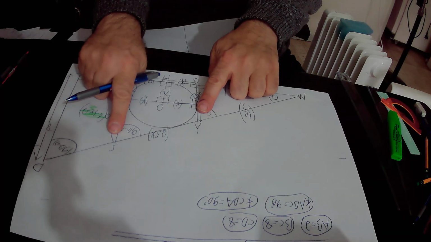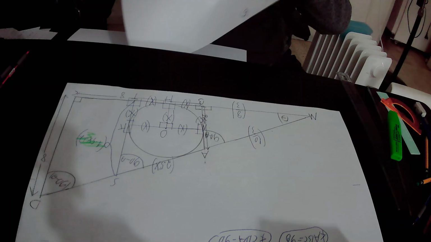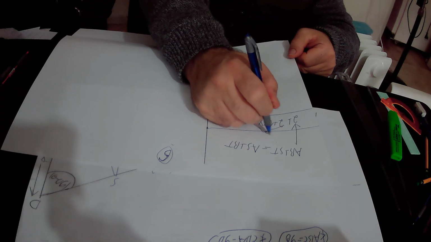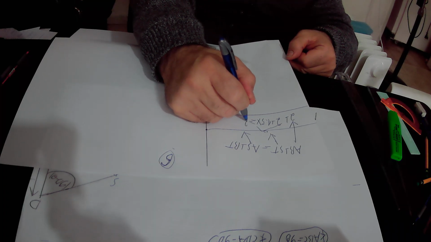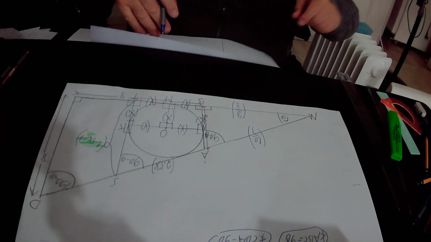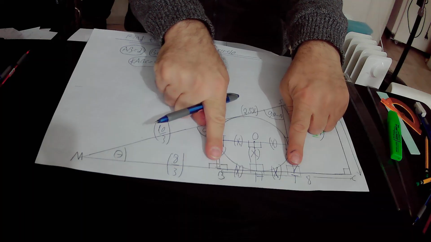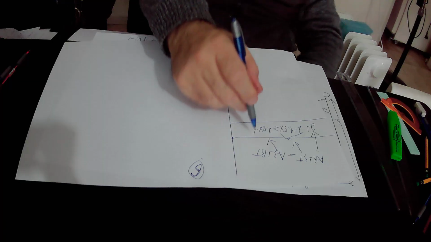From the drawing it is very easy to see that AS equals 2.5x. So we substitute AS in this equation by 2.5x, plus BT. Here, BT equals x plus x, that is 2x. So we substitute BT in this equation by 2x.